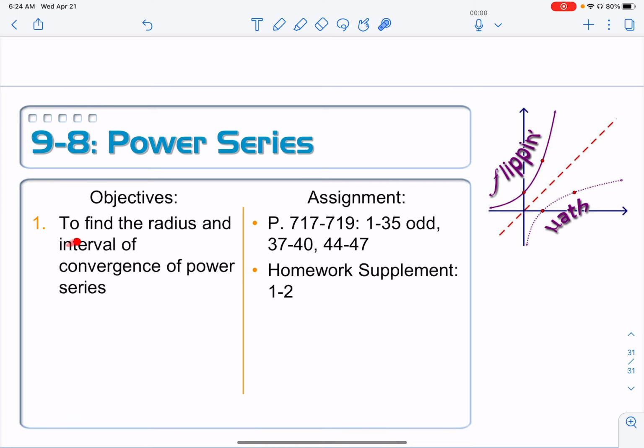We find that interval of convergence by just simply applying the ratio test and seeing where that ratio is less than 1. Ordinarily, that less than 1 thing is the radius, but it's not always just 1. It could be some other finite number. And since the ratio test fails at r equals 1, or when the absolute value is equal to 1, we have to test the endpoints, don't forget.